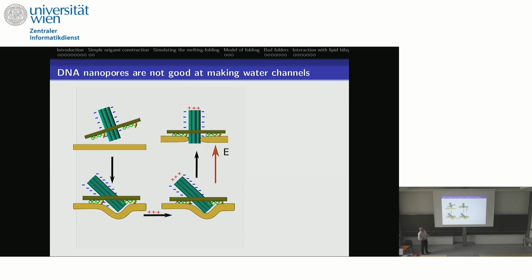To verify it, we added a series of positive charges on one end of the origami, and then applied a small electric field to orient it. So you create a dipole to orient the origami perpendicular to the bilayer and see what happens.